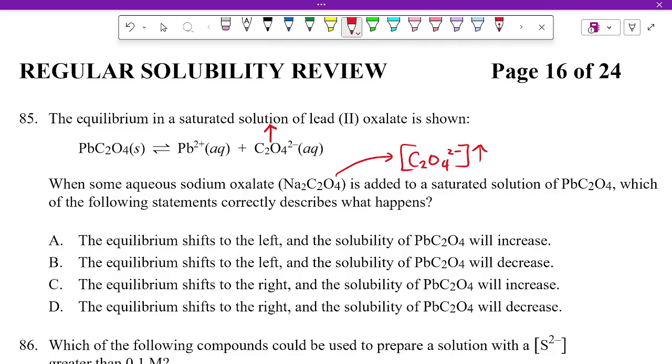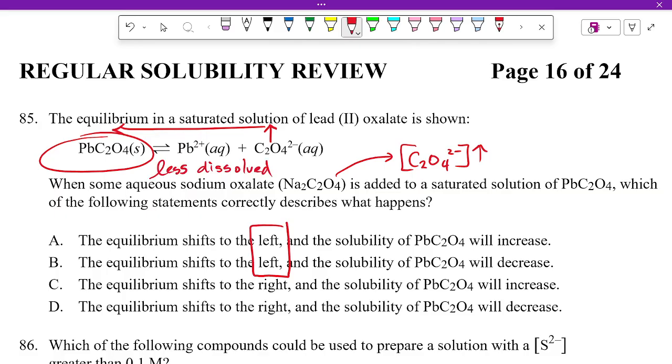If that concentration increases, the equilibrium shifts to the left. And if it shifts to the left, then we have less dissolved stuff. And so the solubility will decrease. So the answer is B.